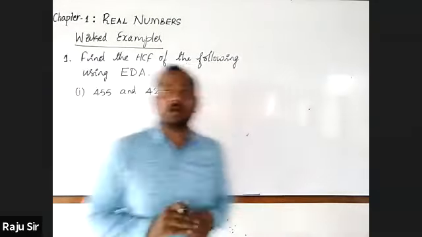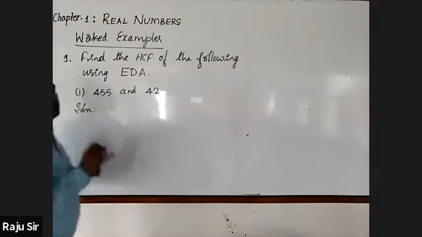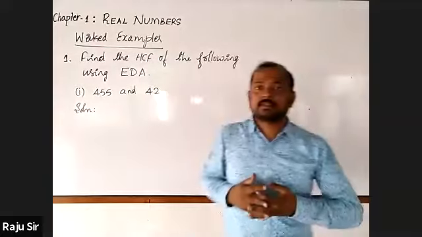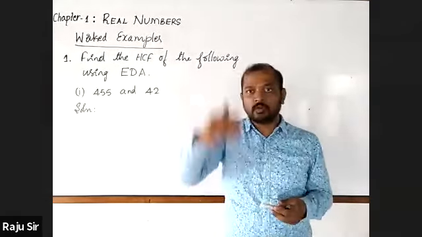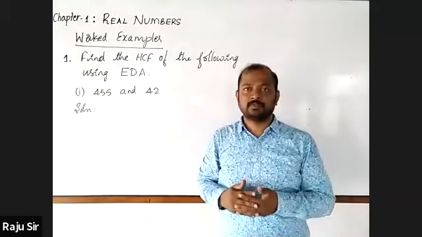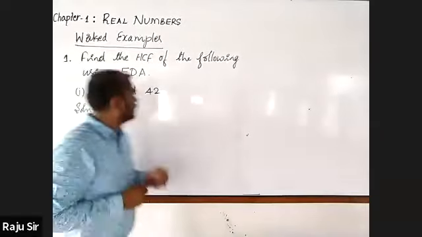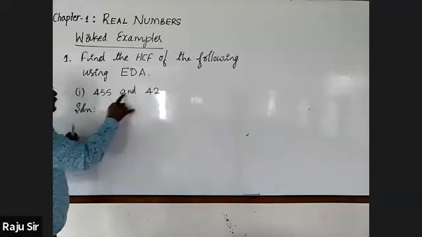Observe carefully. Here, as it is an algorithm, according to the definition of algorithm, to solve a particular type of problem we use certain steps which cannot be shuffled. So here also I'm going to follow the same thing. Here 455 and 42.